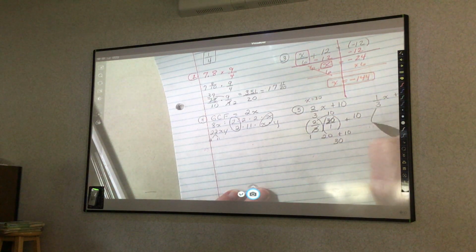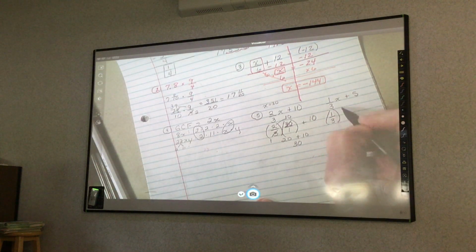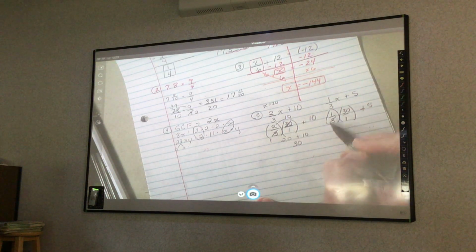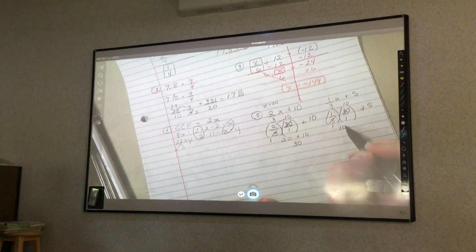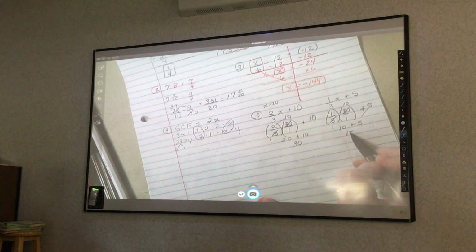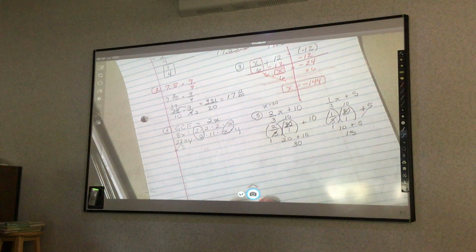So now I have 1/3 times 30 over 1 plus 5. Reduce by 3. 1 times 10 is 10 plus this 5. So one side is 30 and the other side is 15.